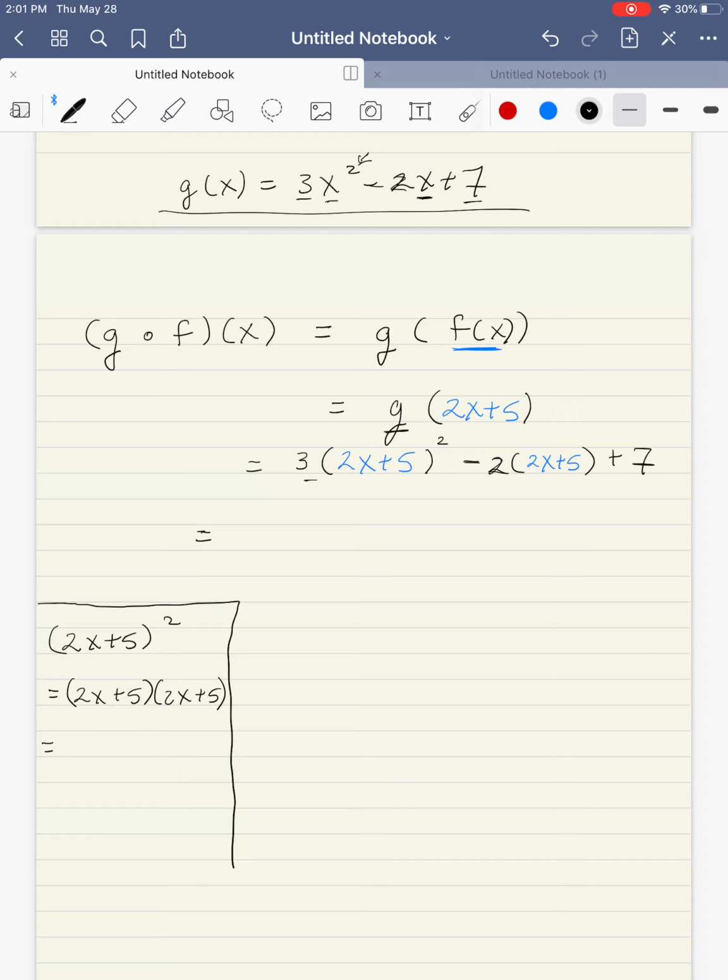So I have to FOIL that out. 2x times 2x is 4x squared, plus 10x plus 10x plus 25 is 4x squared plus 20x plus 25. So all of this is just this piece here, 2x plus 5 squared. So I have 3, just come straight down.